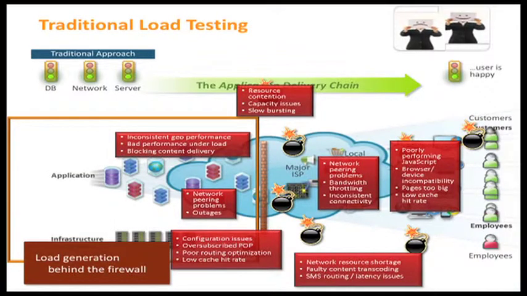But if you're dealing with a distributed web application, they really don't help you to understand how your end users are performing, and they don't tell you anything about the components of the application that are outside of your firewall. Things like third-party advertising, plugins, CDNs, those types of third-party sources that reside outside your firewall. So just testing with internal tools is really not sufficient for helping you understand the performance of a distributed web application where users are all over the world.